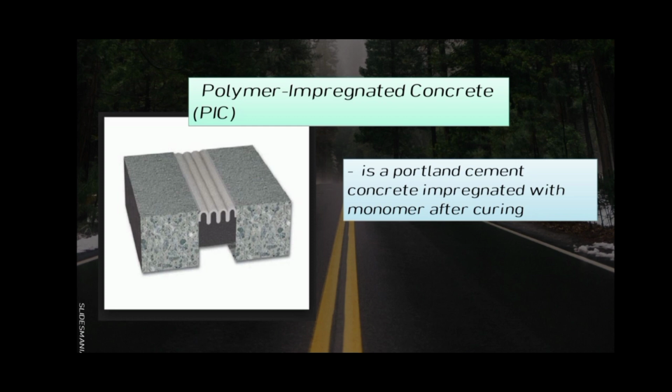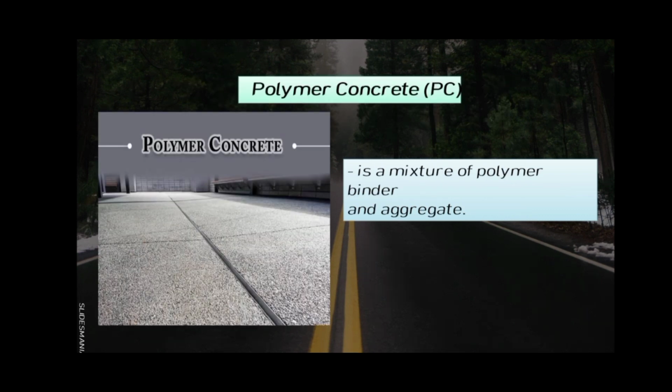This is one of the types of polymer concrete, the polymer impregnated concrete or PIC. It is shown in the picture, the surface of polymer impregnated concrete, and it is a Portland cement concrete impregnated with monomer after curing. Also, the polymer concrete or PC is a mixture of polymer binder and aggregates.